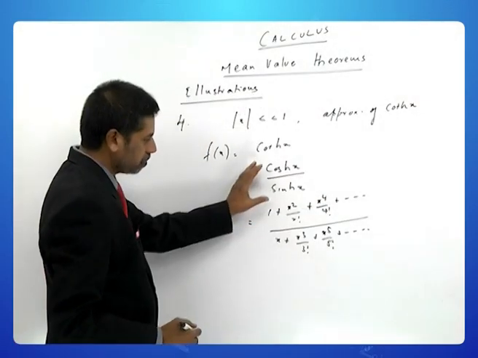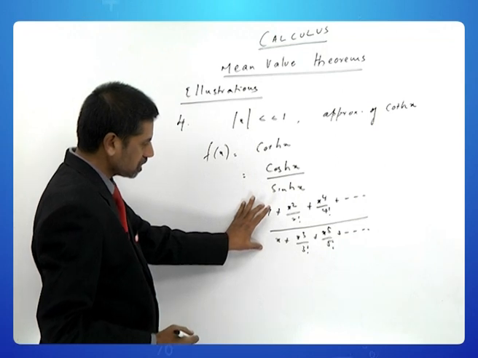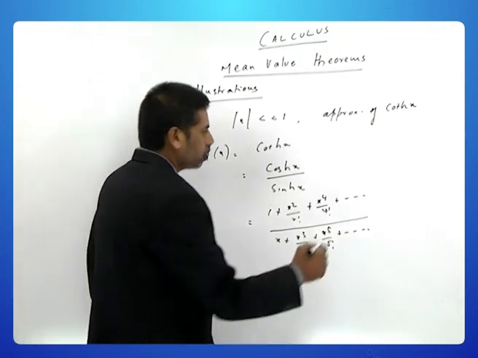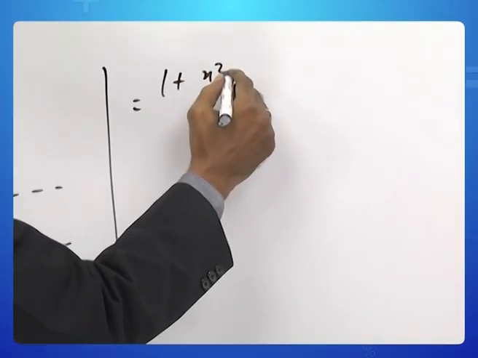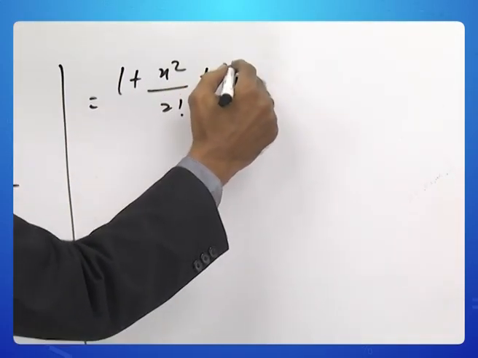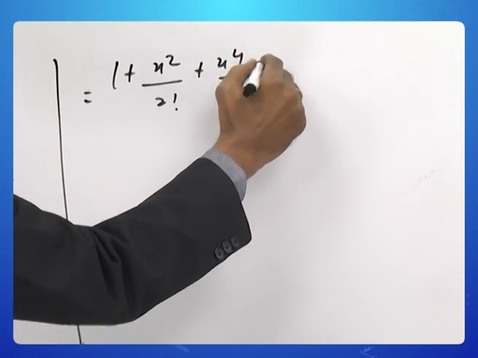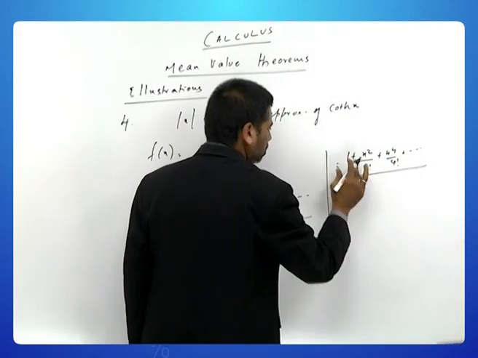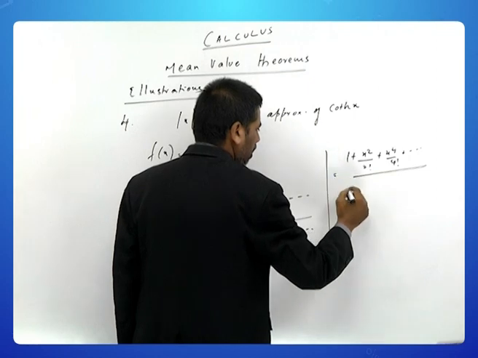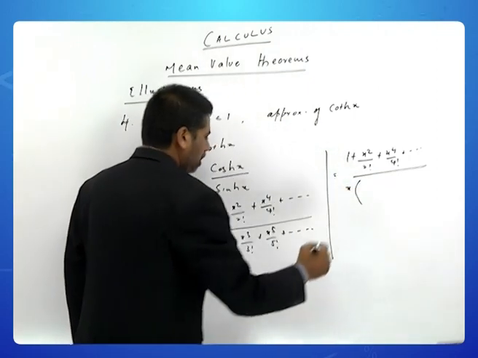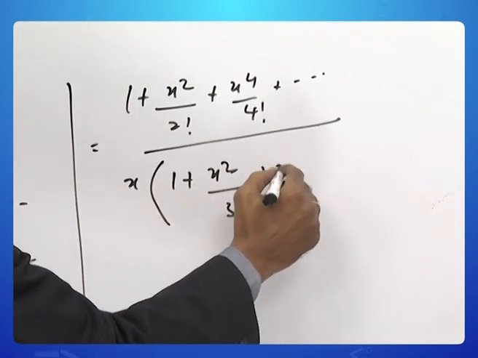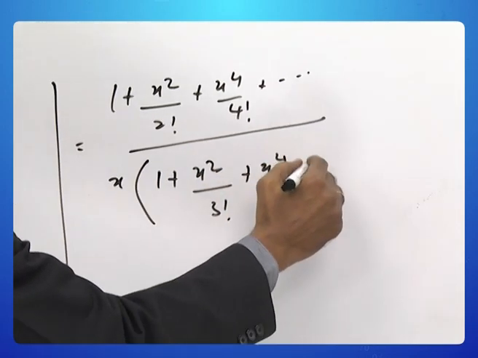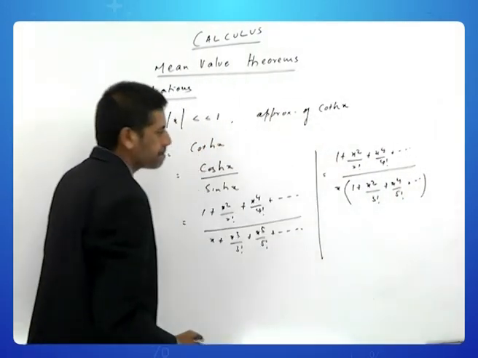These are the respective Maclaurin expansions of cosh x and sinh x. So, we retain the numerator, no change. From the denominator, let us extract x, and we will have 1 plus x square by 3 factorial plus x power 4 by 5 factorial and so on.